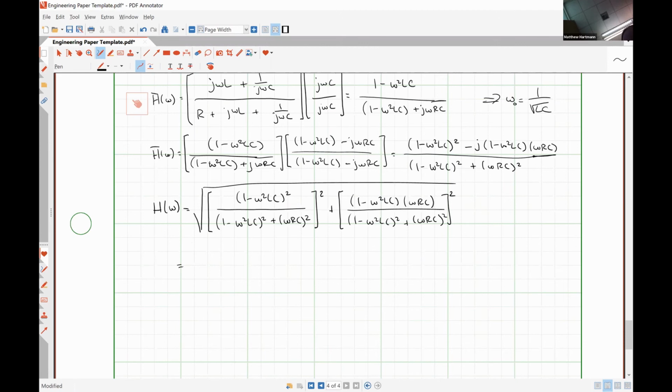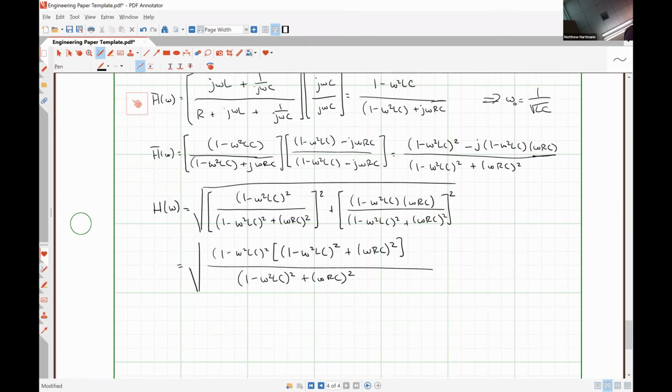Doing the indicated math, we have 1 minus omega squared LC squared multiplied by 1 minus omega squared LC squared plus omega RC squared, divided by 1 minus omega squared LC quantity squared plus omega RC squared, quantity squared.